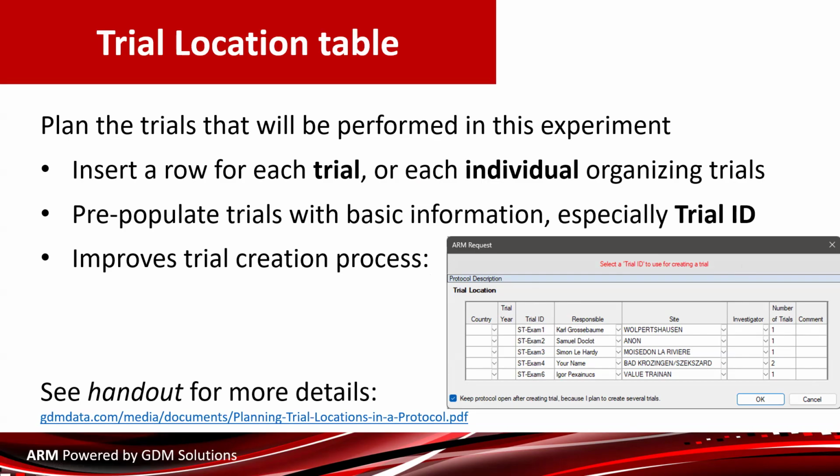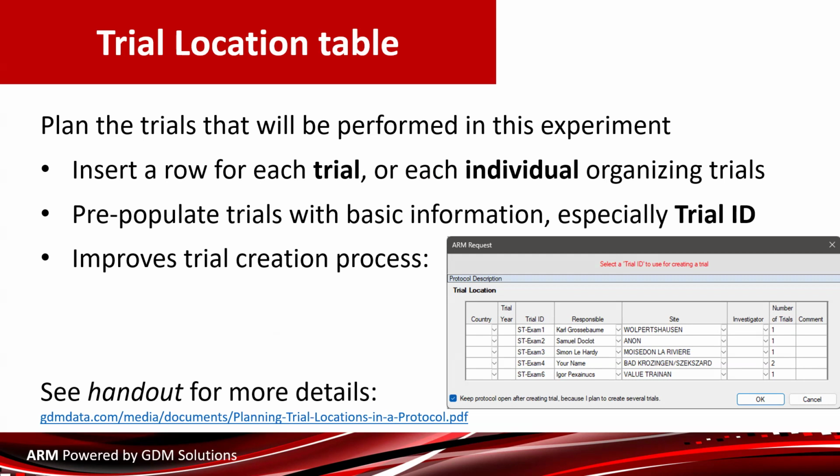There are quite a few different fields. Some of them are hidden by default, but you can expand upon them depending on how detailed you want to go. Hopefully it supports a wide variety of ways that groups set up and organize their trials as it relates to your protocol.